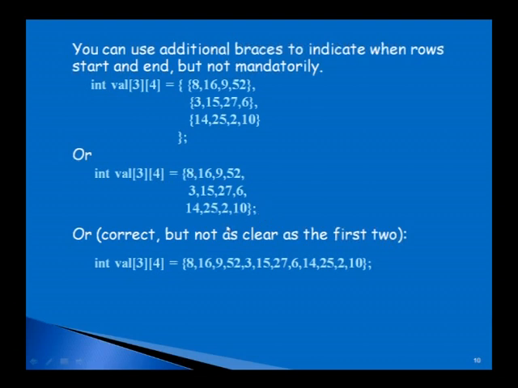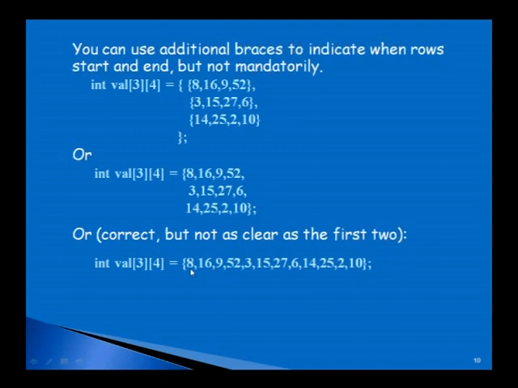And as you see in the third example, we have not even brought them onto different lines. All the values have been declared on the same line. So, here as you have a 3 by 4 matrix, the maximum number of values that we can give is 3 into 4, that is 12 values.